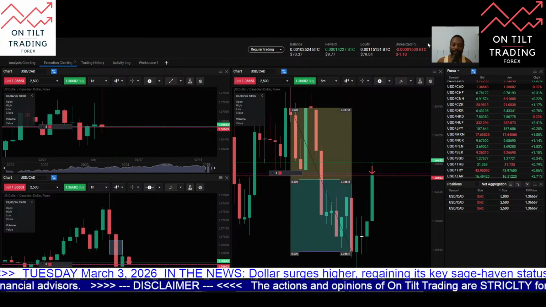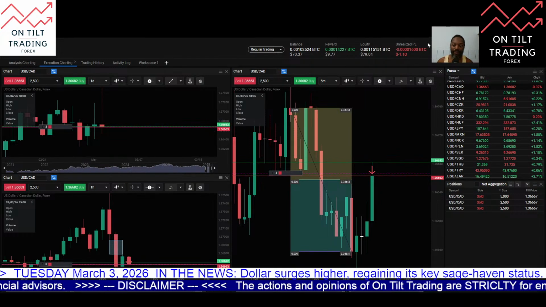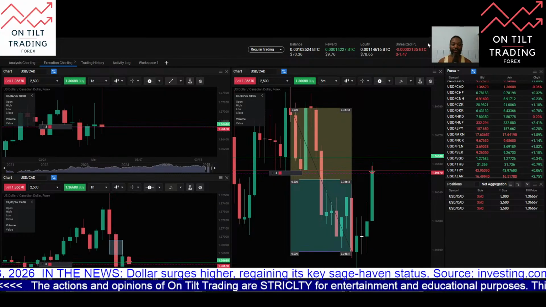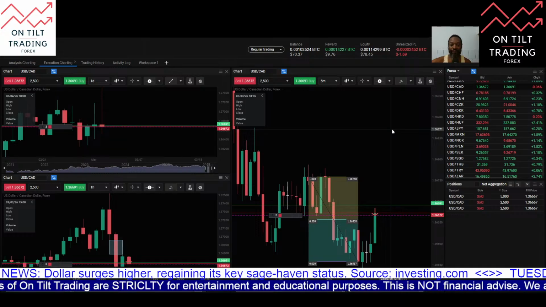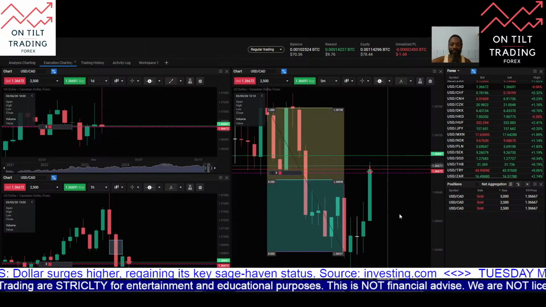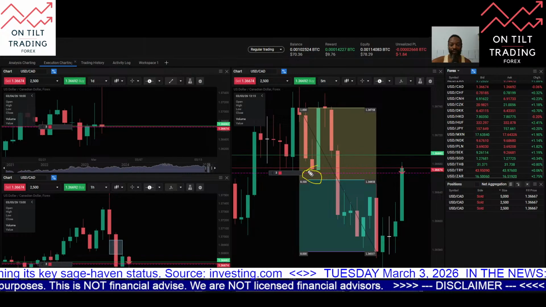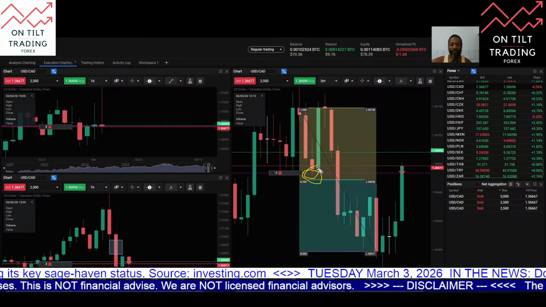Price consolidating here near my entry, near the market structure shift level here on the 5-minute chart. This level right here, this wick low on this candle.